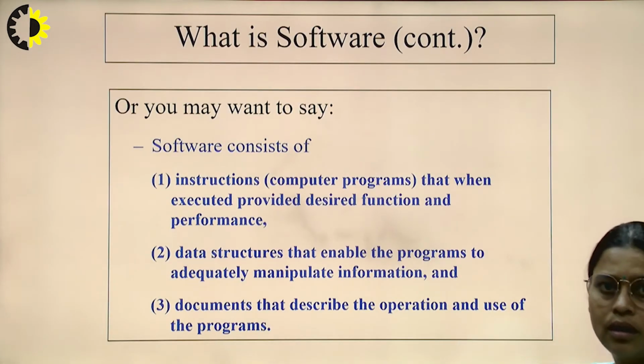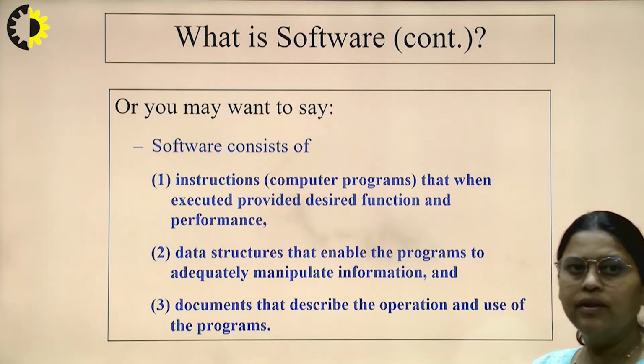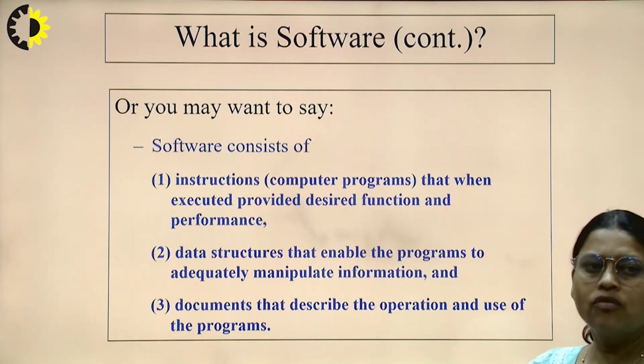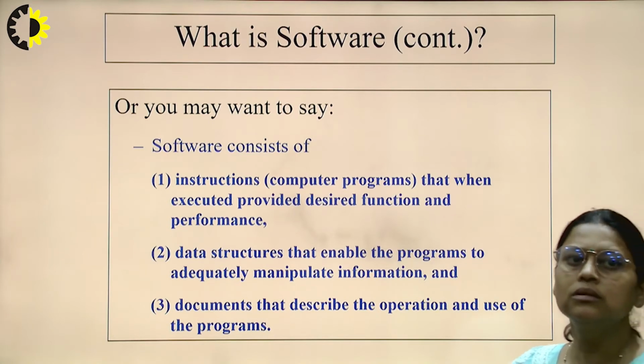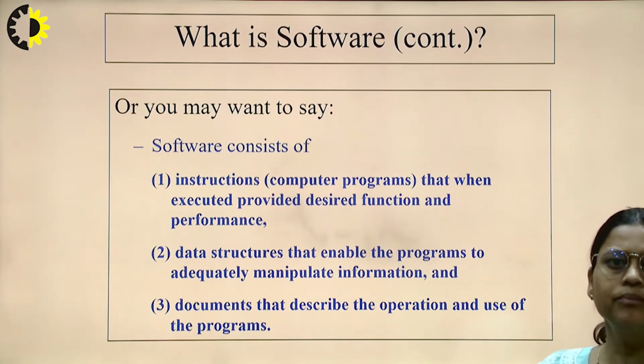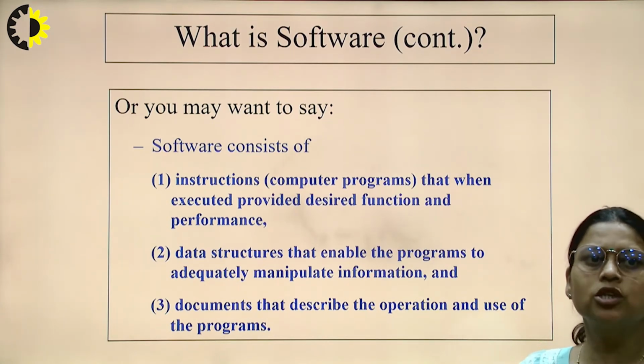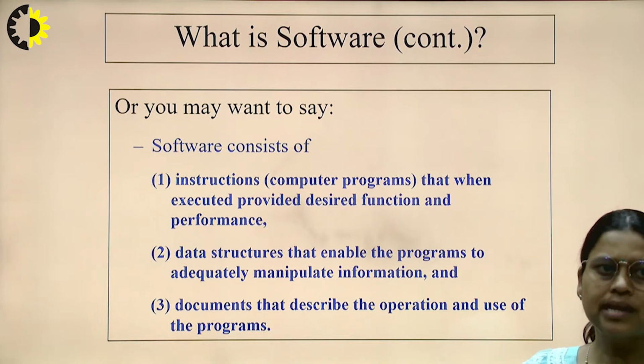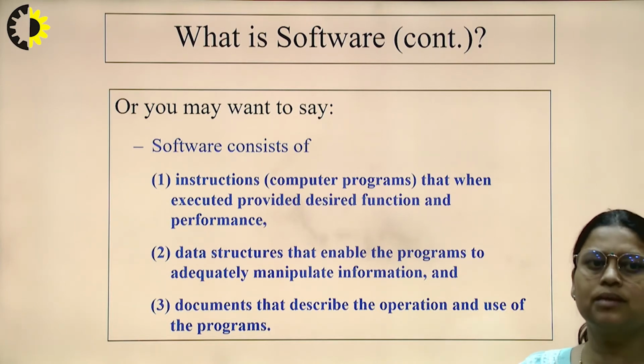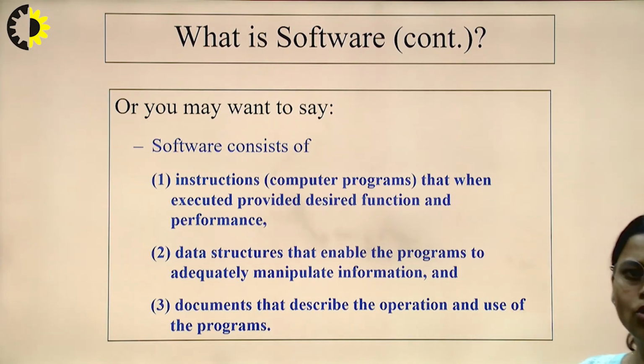Another definition of software is that software consists of instructions, that is, a computer program, which when executed provides the desired functions and performance. It is a combination of data structures that enable the program to adequately manipulate information.